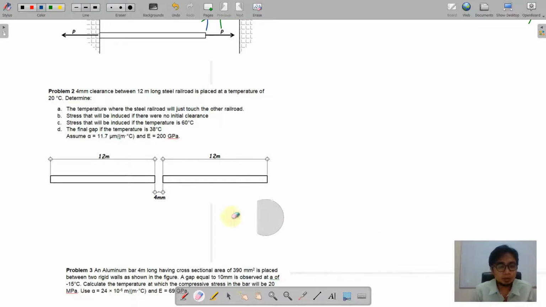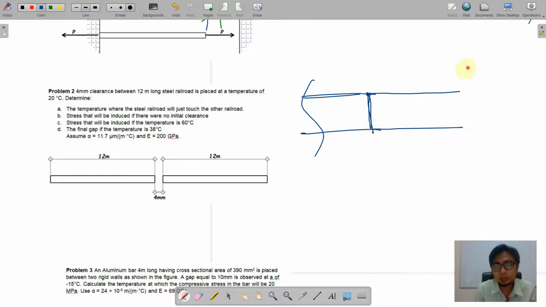So dito, if we have again a zoom view of our railings, halimbawa ito tutok yan. Tutok yung isang member, no? There will be no clearance in it. And then if we are going to have a temperature equivalent to 48.49 na na-compute natin a while ago. Okay? So this will be having a stretch here.